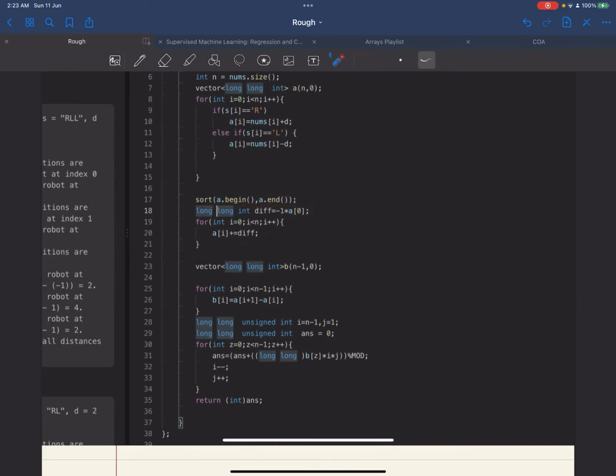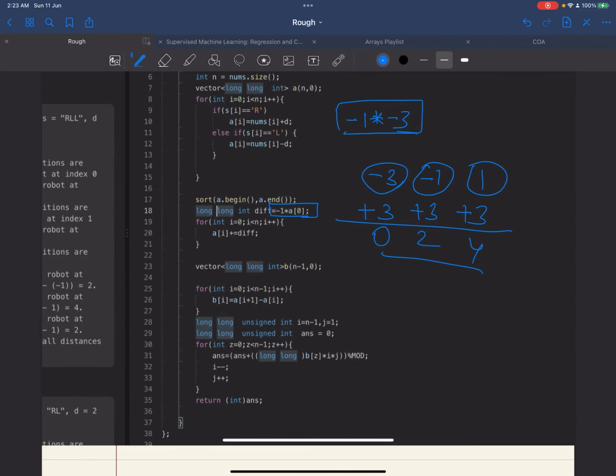If this would have been like -3, -1 and 1, then we just need to sum every item in a with the 3, 3 and 3, basically -1 cross -3. You need to sum every part, right? So this would be 0, this would be 2, this would be 4, right?